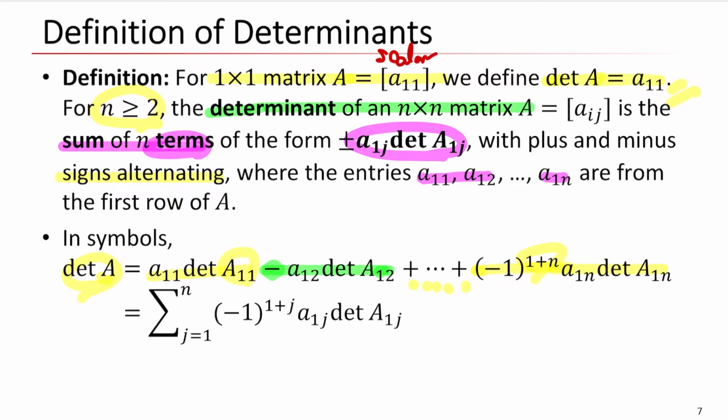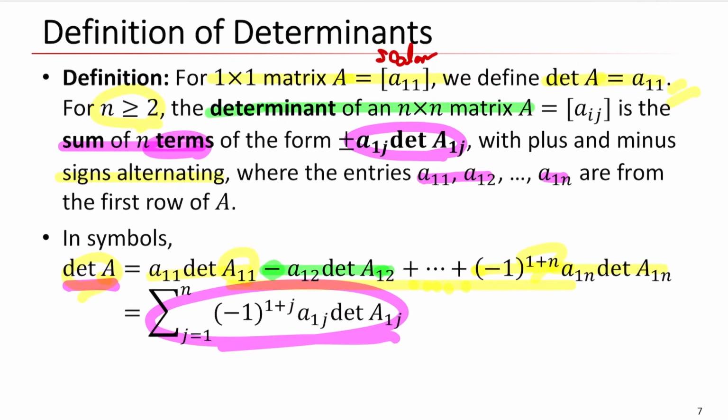So this can be represented in a summation manner, something like this. Okay, so this is the general rule to compute the determinant of a larger matrix.